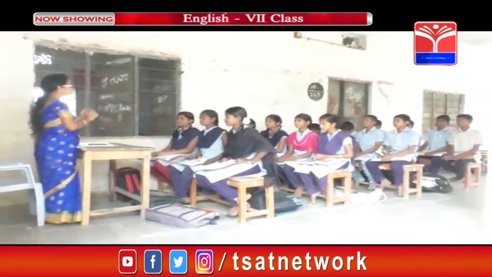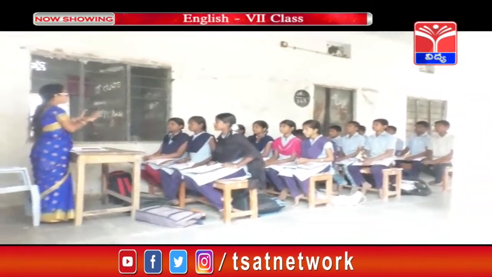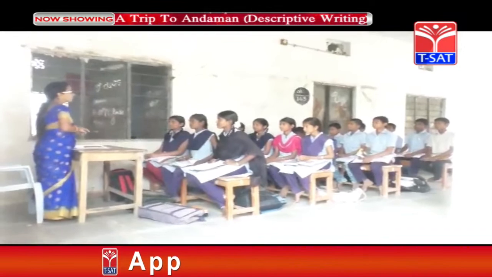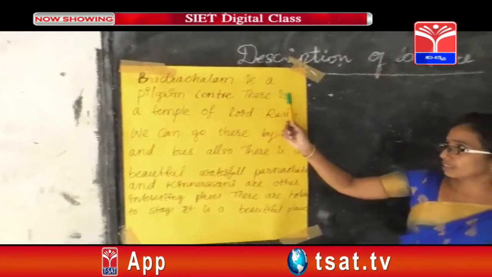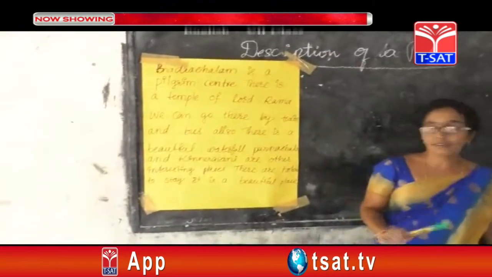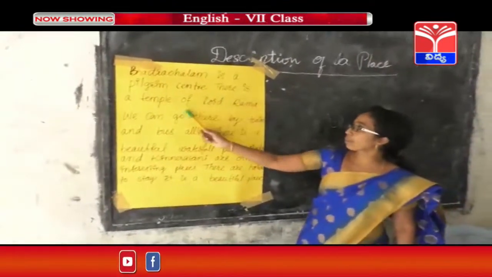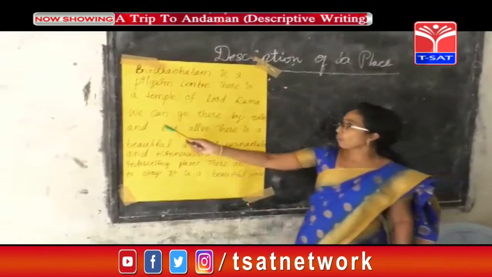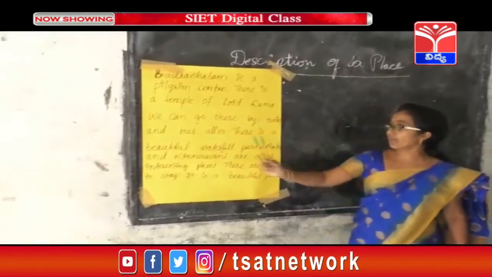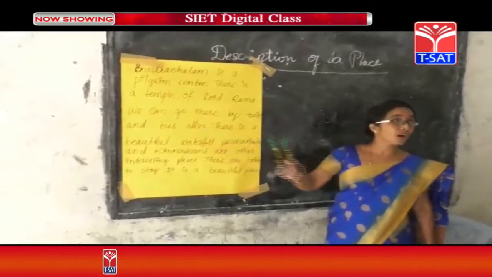So now let's see that being written on a drawing chart. Just observe. See, what she wrote is: Bhadrachalam is a pilgrim center, and there is a temple of Lord Rama. We can go there by train and bus also. Observe carefully.